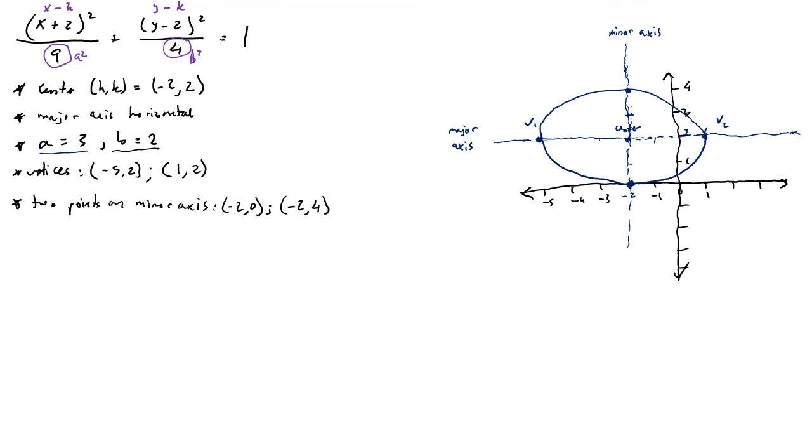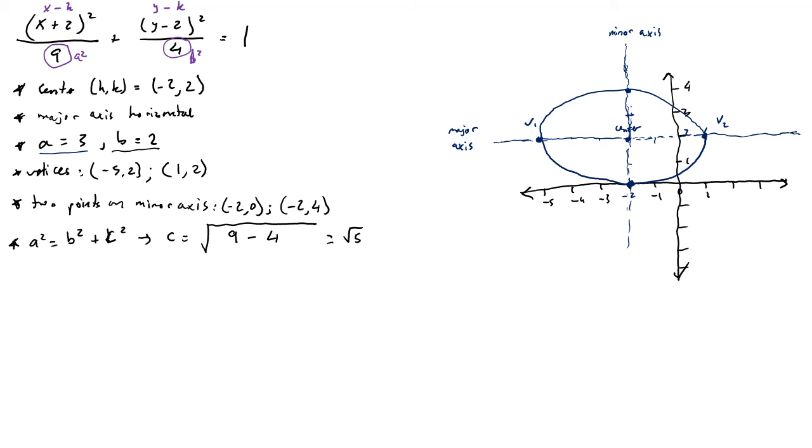So let's find C, and we know that the relationship between A, B, and C is A squared is equal to B squared plus C squared, which means that C is going to be the square root of A squared minus B squared. So A squared, that's going to be 9 minus 4, which is going to be the square root of 5.